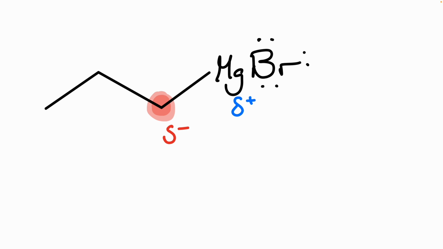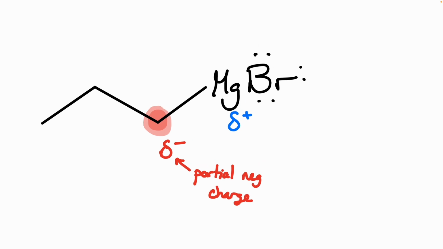So we use these certain symbols you might remember from general chemistry. This means that our carbon atom has a partial negative charge, and my magnesium atom here has a partial positive charge.